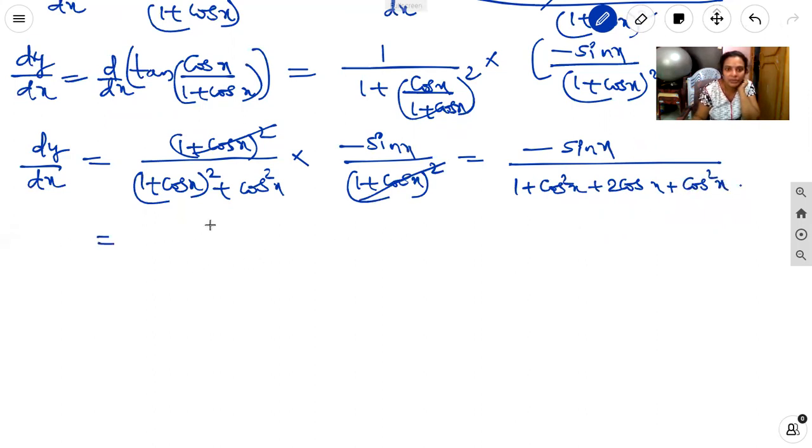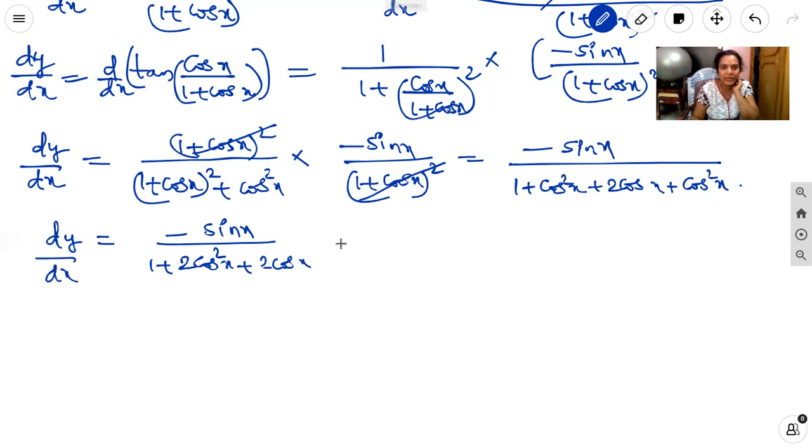It is equal to minus sin x by 1 plus 2 cos square x plus 2 cos x is the dy by dx, that is equal to d by dx of tan inverse of cos x by 1 plus cos x.